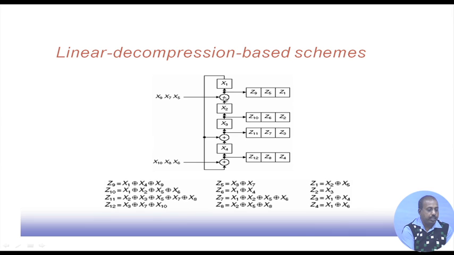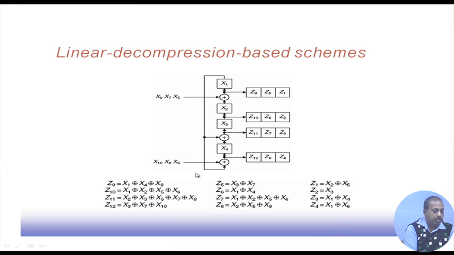This is a shift register, and in between we have these XORs. Initially, these cells have x1, x2, x3 and x4 as their contents, and x5, x6, x7, x8 are fed as input to these XOR gates in successive cycles. Then if this machine is made to operate, what is Z9? Z9 is nothing but this.